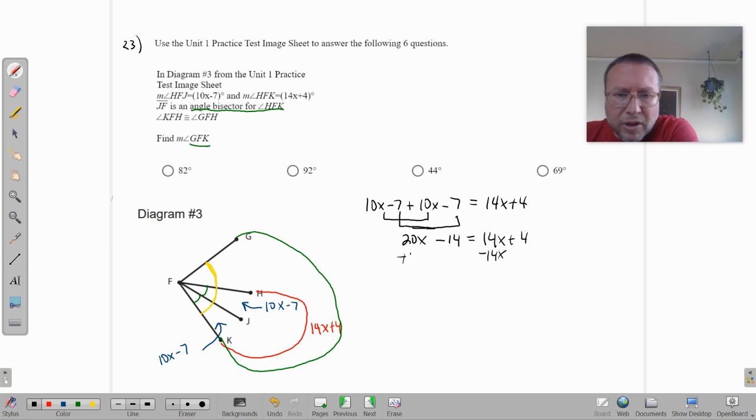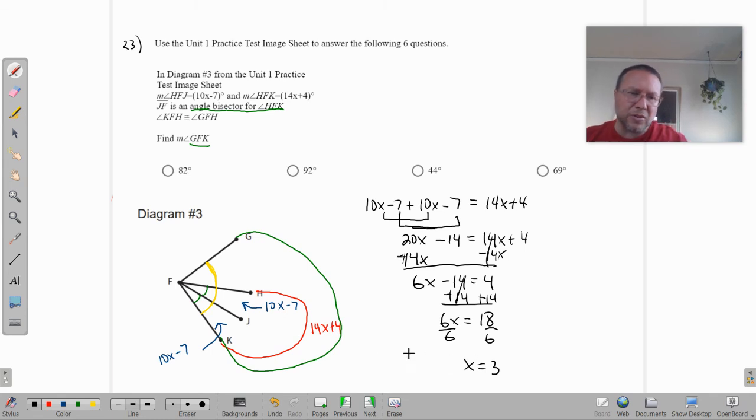So I'm going to subtract 14x. Getting messy here. Subtracting 14x minus 14x, that would be 6x minus 14 equals 4. Let's add 14 to both sides. I'm going through this part a little more quickly because I think you feel pretty good about the solving-the-equation part. And then x equals 3.